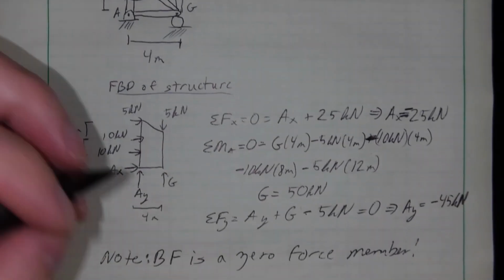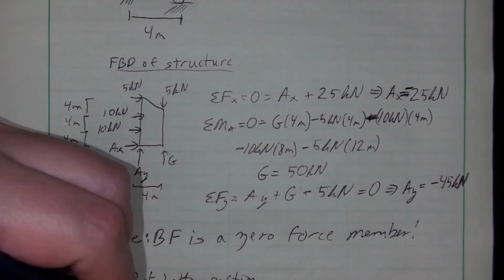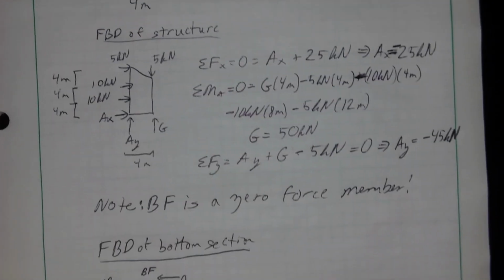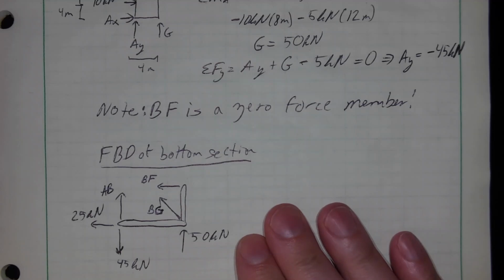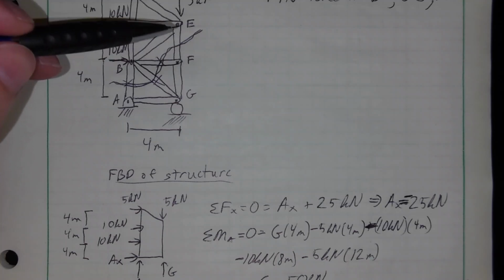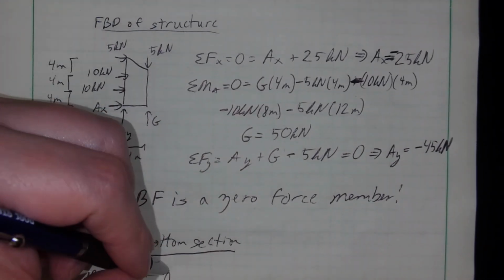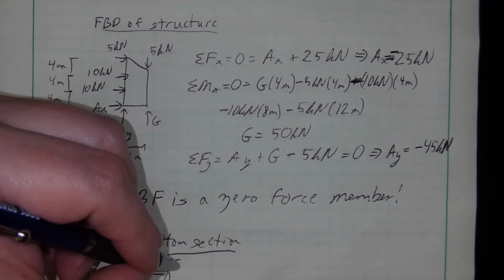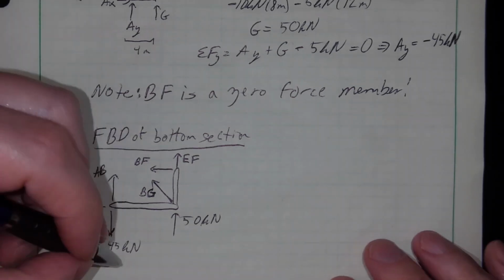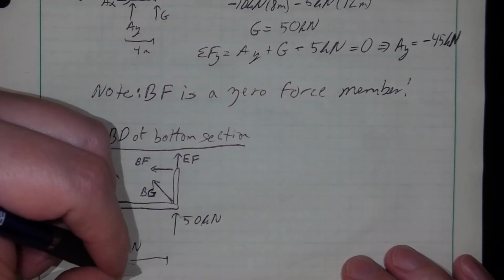I'm going to go ahead and draw it, and we're just going to write that we're going to treat it as 0 force. I have force BF there. And then going up, I've cut through this EF as well. Four meters.